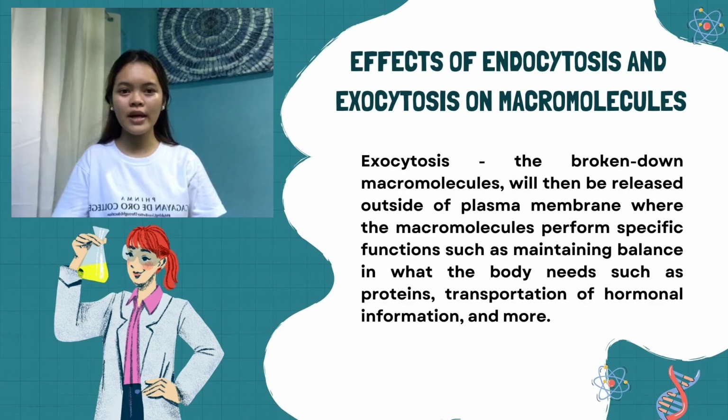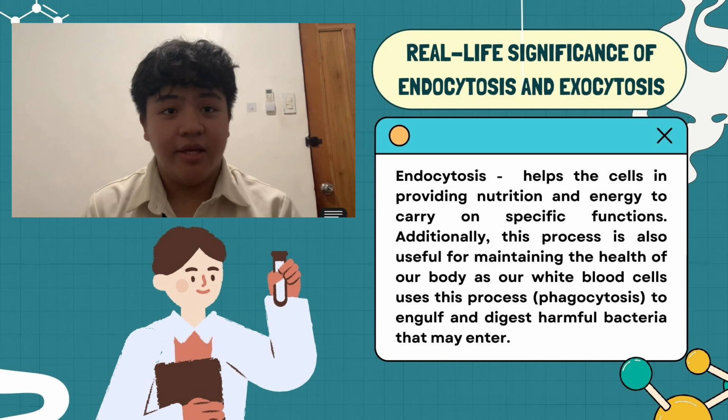Moreover, in exocytosis, the broken down macromolecules will then be released outside of the plasma membrane, where they perform specific functions such as maintaining balance in what the body needs, such as proteins, transportation of hormonal information, and more.